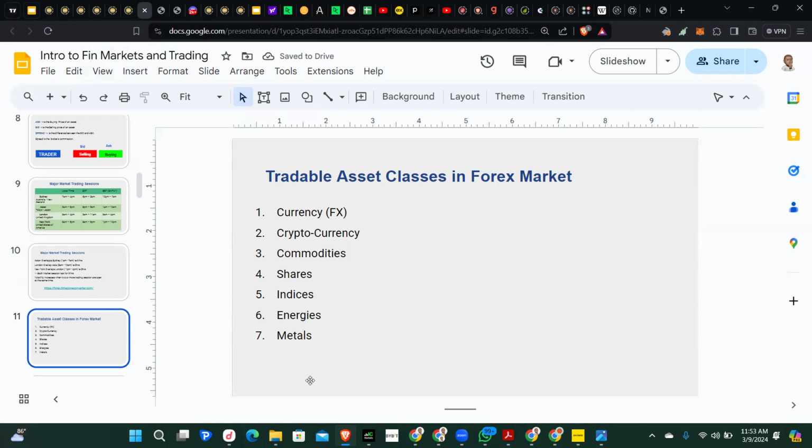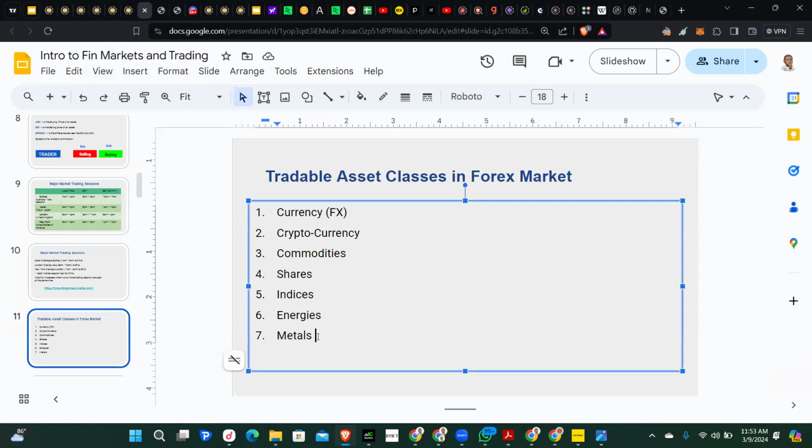Now, I want you to know this. It's very, very important. The forex market operates on what we call CFD, contract for difference. When you are trading it, especially when it's not spot, it's operating on what we call CFD, contract for difference. So what this simply means is that, let's say I want to buy 10 barrels of crude oil.